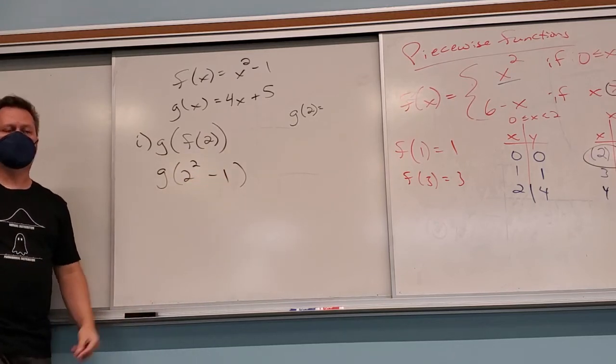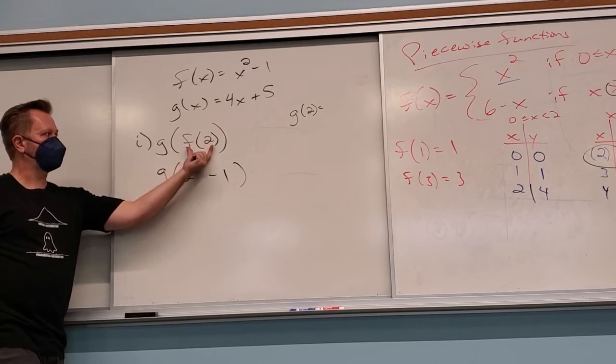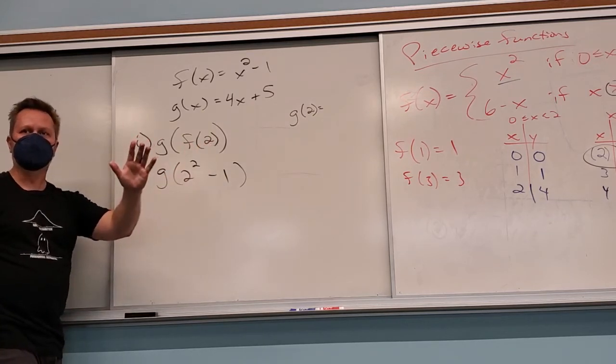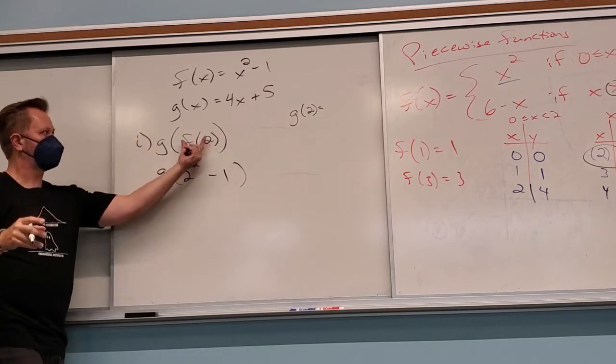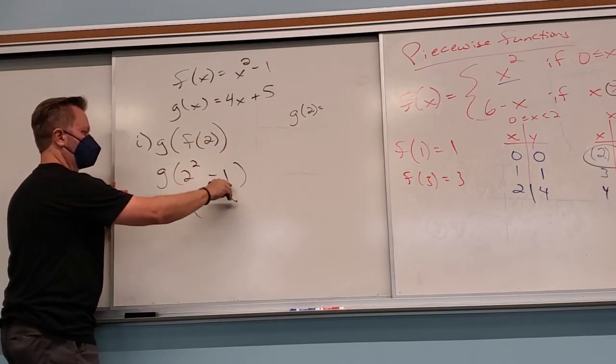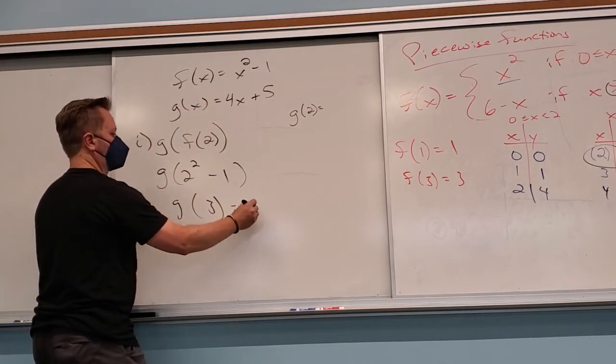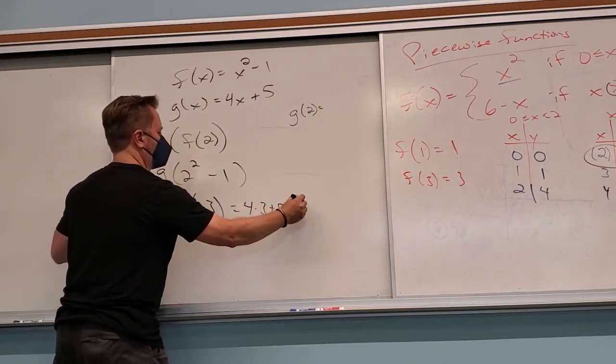That's what f of 2 is. So I'm starting in the innermost piece like we almost always do. I need to know what this is so then I can plug it into g. So that, of course, is 3. And now I can do g of 3. 12 plus 5, 17.